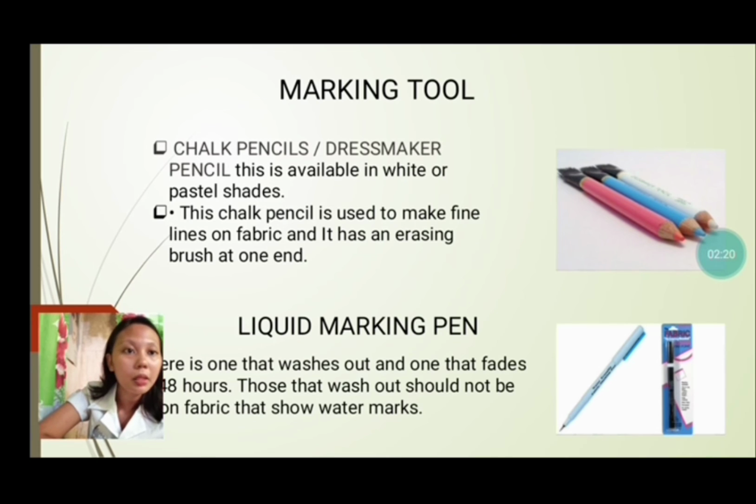As you can see in the image presented, it's not only available in white but also in other different colors. So there is also an erasing brush if you have an error. So you just use chalk pencils or dressmaker pencil.